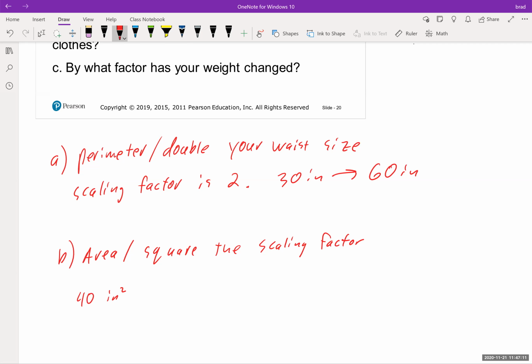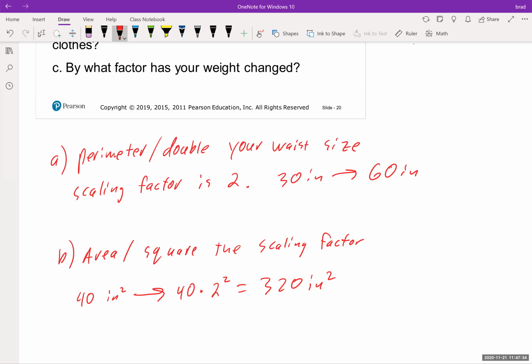Then let's say you want to know for your new shirt how much you're going to need. Well, we would do 40 times 2 squared, because whatever the scaling factor is, we have to square it.